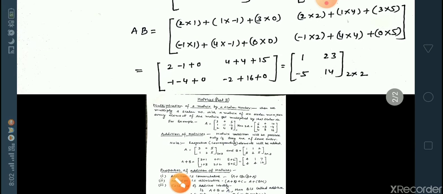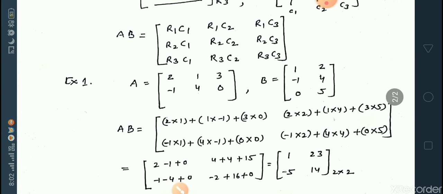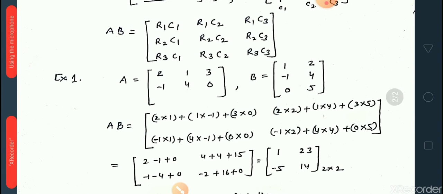Check it by an example. Here is an example: A is equal to 2 minus 1 1 4 3 0, B is equal to 1 minus 1 0 2 4 5. A is of order 2 cross 3 and B is of order 3 cross 2.